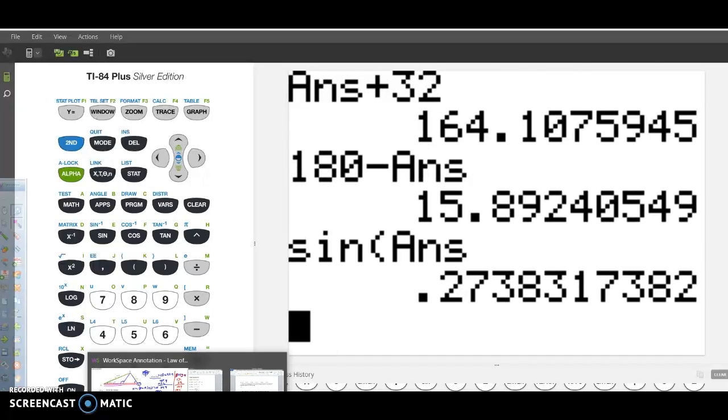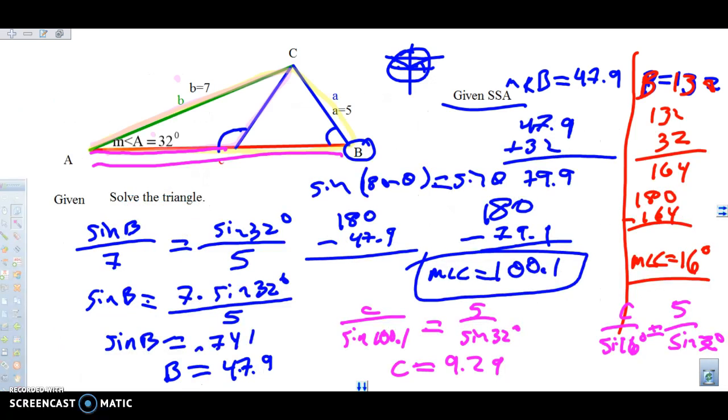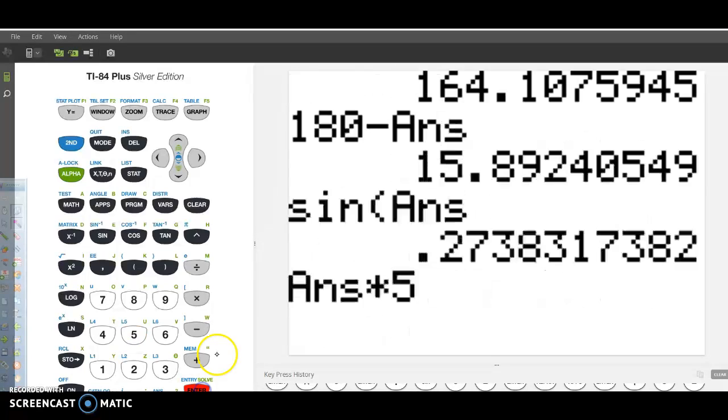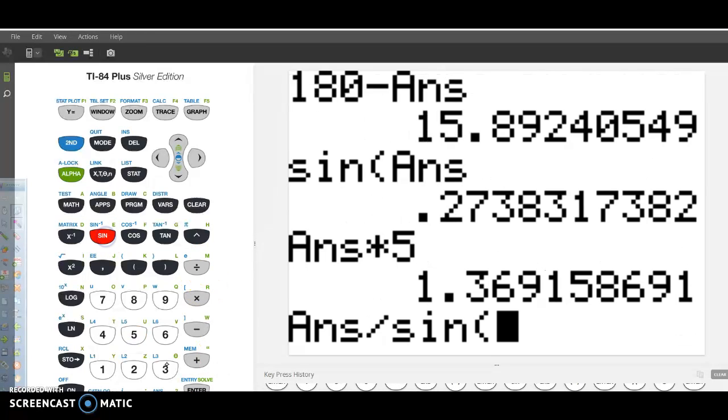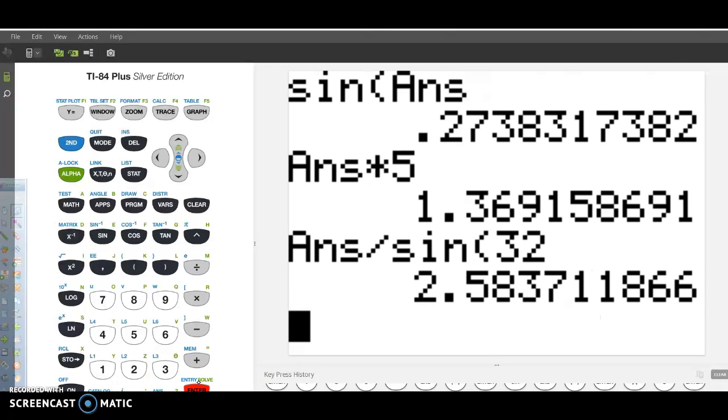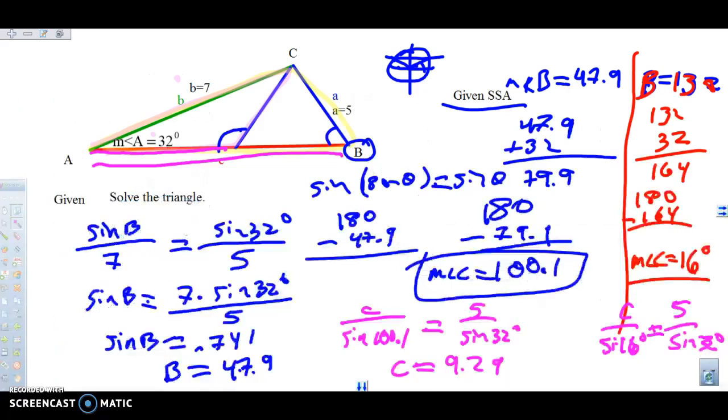We multiply that by 5 and divide by the sine of 32. And the other length turns out to be 2.58. So we go back to here. My other possibility for the red over there is that C equals 2.58.